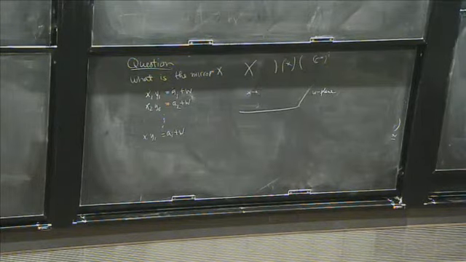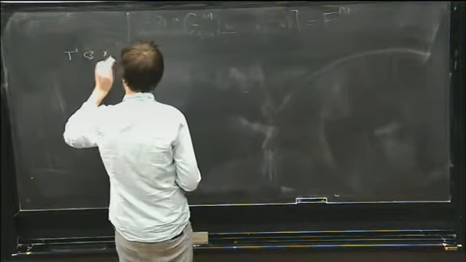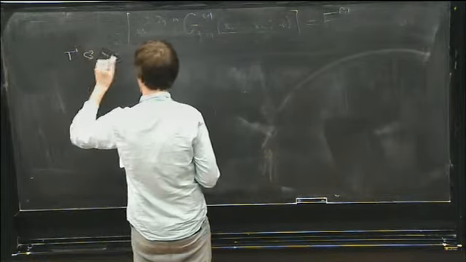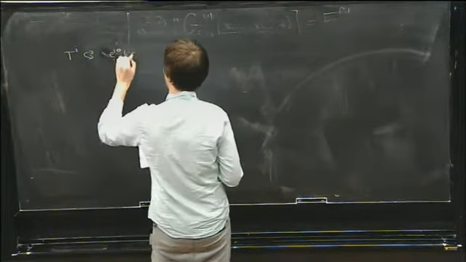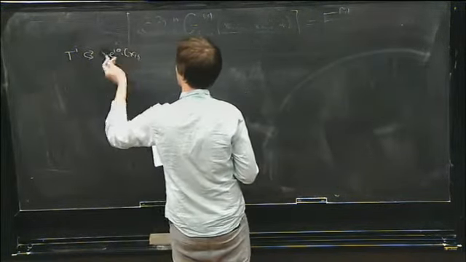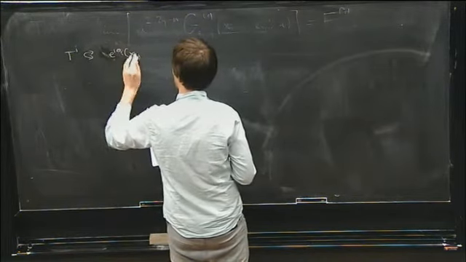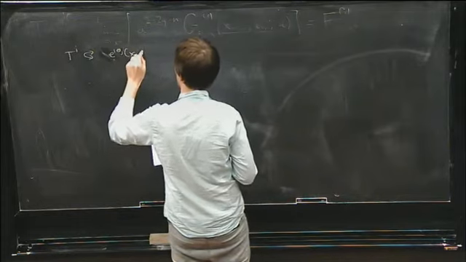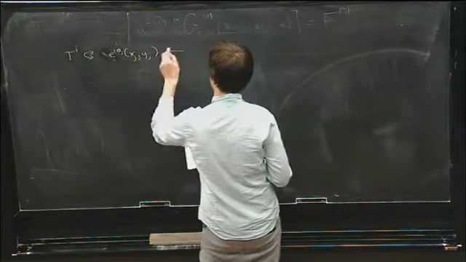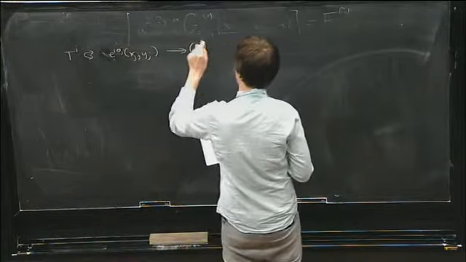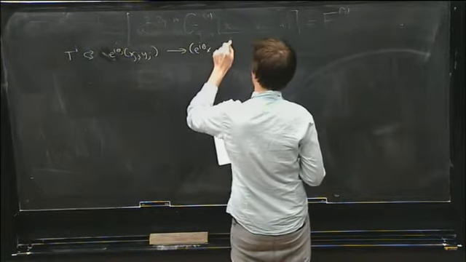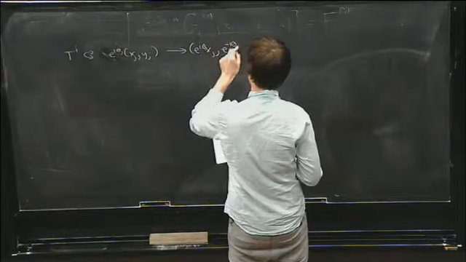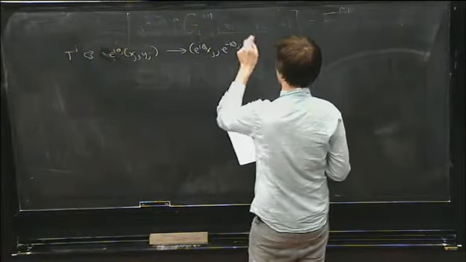What you can do is, you notice that there's a T to the i action, where e^{iθ_j} acts on x_j, y_j by sending them to e^{iθ} x_j, e^{-iθ} y_j.